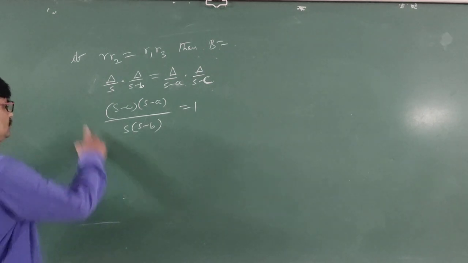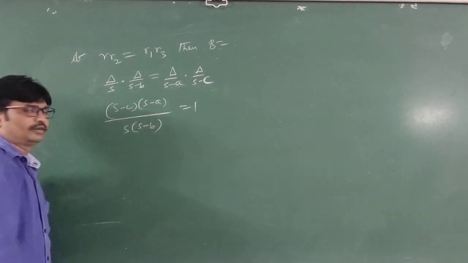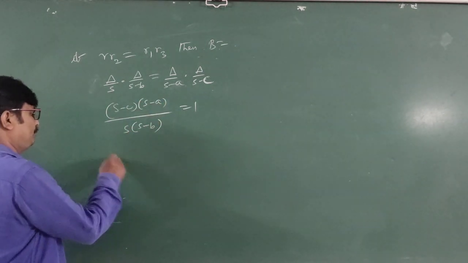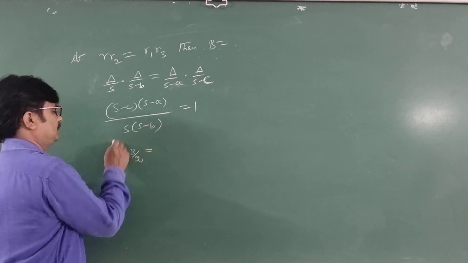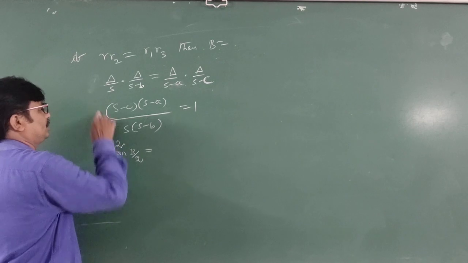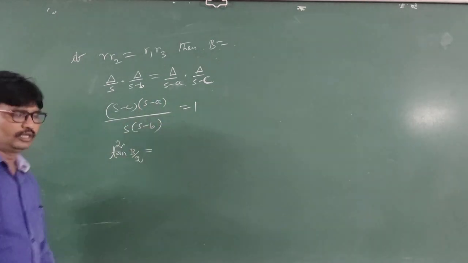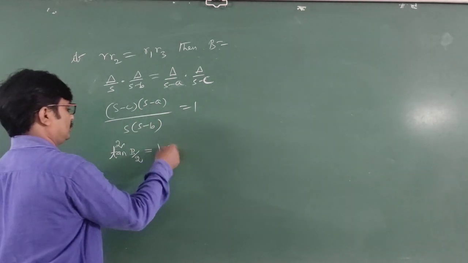This is the half angle formula of tan of b by 2, so tan square b by 2 equals 1.